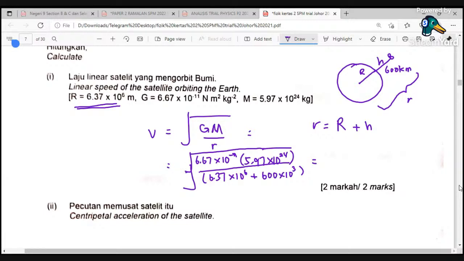I'm using calculator carefully. So you will get the answer equals to 7558.476 meter second negative 1. Okay, you can write in the standard form 7.56 times 10^3 meter second negative 1. Okay, so if you round off, make sure 3 significant figures. For 2 decimal lah, 2 decimal.